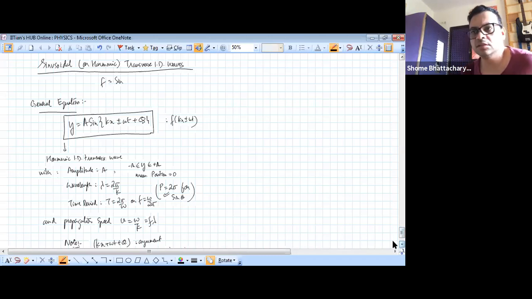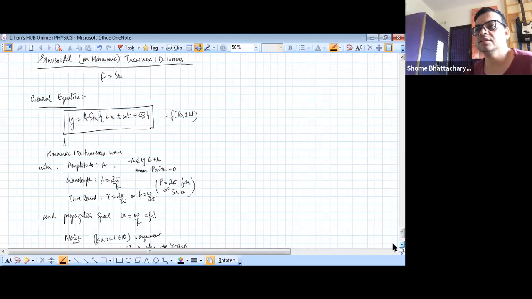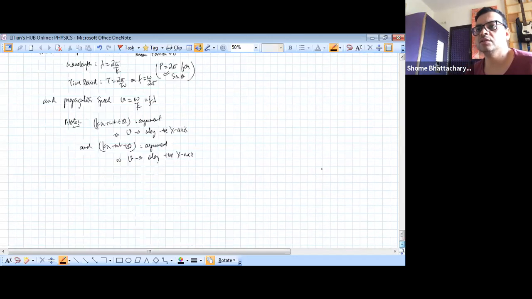Okay, people. So let's understand this with an example now. Now, before that, the significance of the phase constant phi. Let's also understand that.